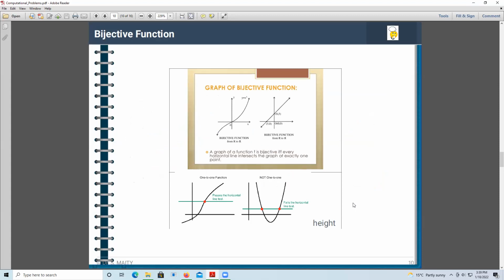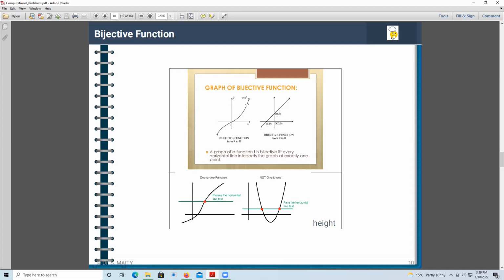Graphically, if we want to state the condition in this way, as written here: if you plot the graph of a function, x versus y, on graph paper, and then draw a horizontal line anywhere, horizontal meaning parallel to the x-axis, then it must intersect the graph exactly at one point.